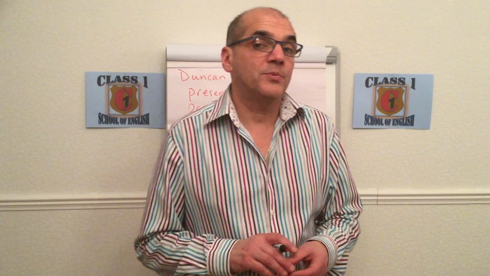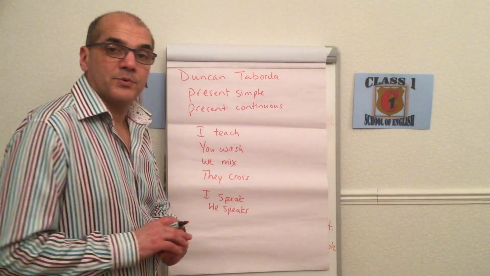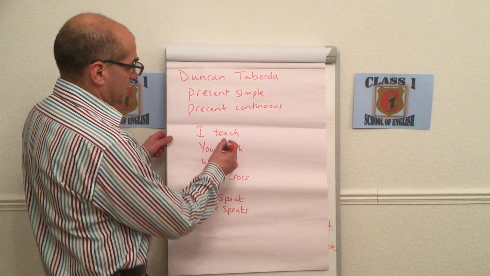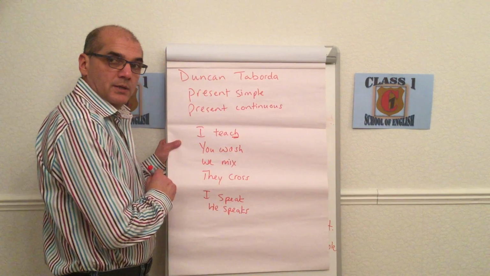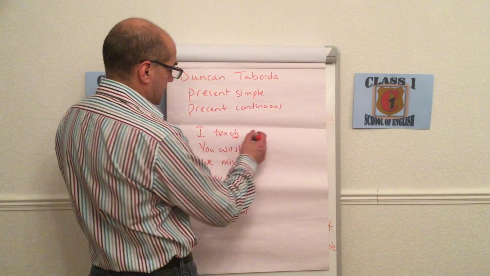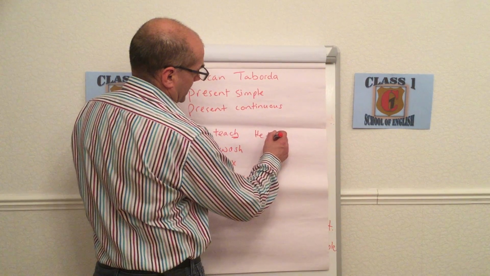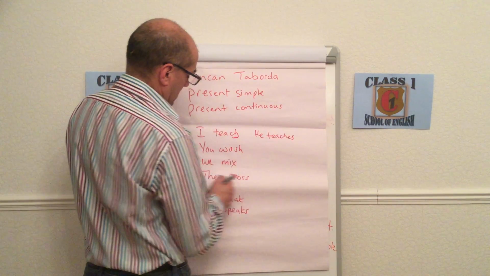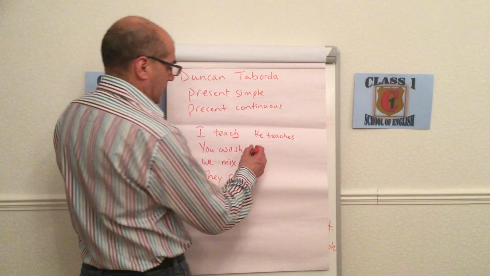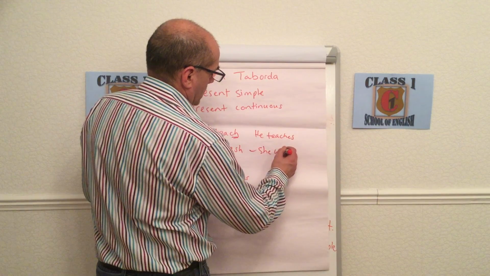In some cases, we've got to put es, and we've got some good examples here. So when a verb finishes with ch, yeah, it becomes teaches. So I teach becomes he teaches. You wash becomes she washes.